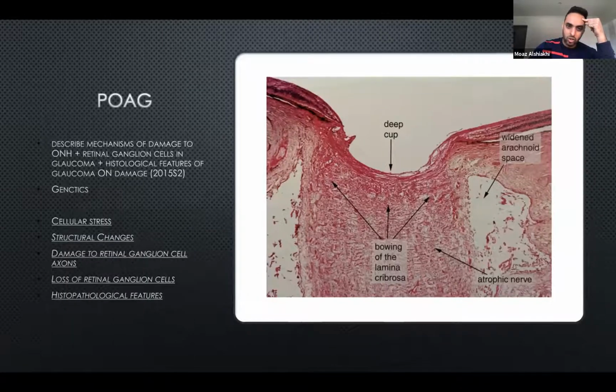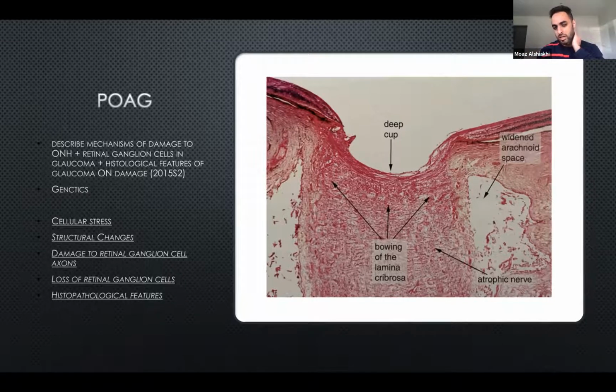For open angle glaucoma, the main question that was asked, I think in 2015, was basically about the optic nerve head findings, and the damage to the optic nerve head and the retinal ganglion cells. I don't think this was answered very well based on the examiner comments, but I have to refer back to the previous presentation.